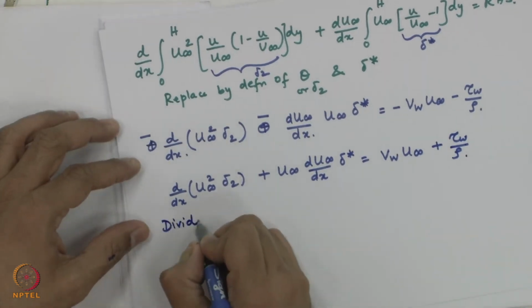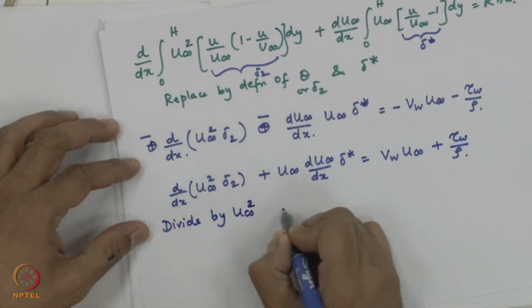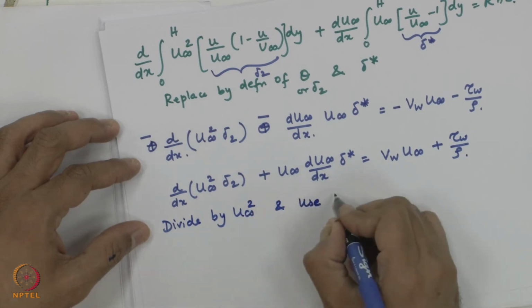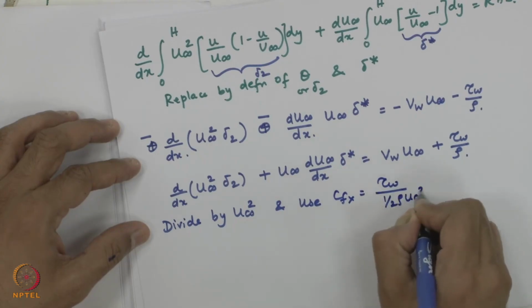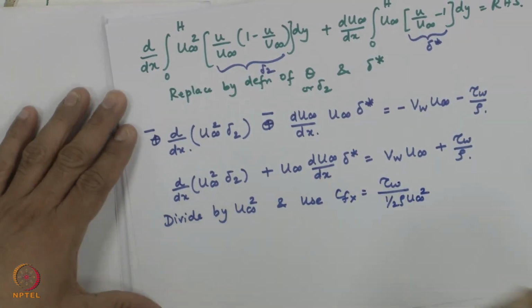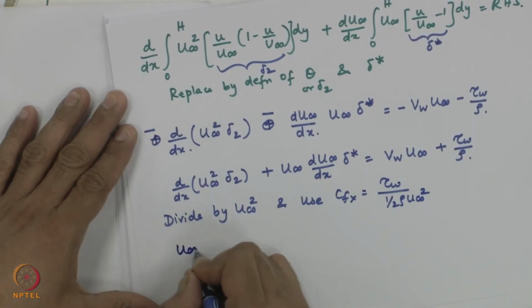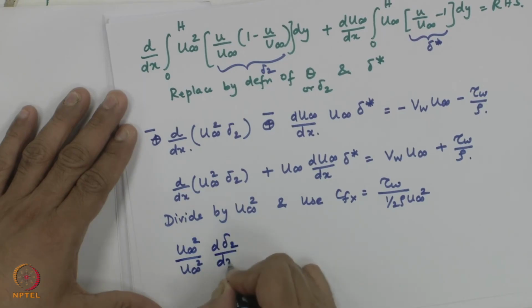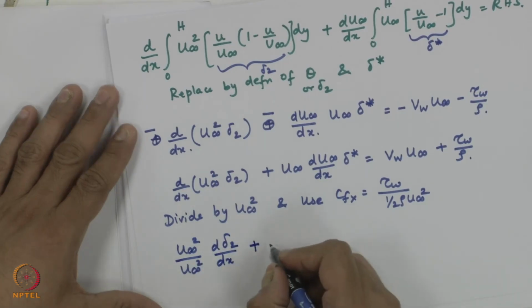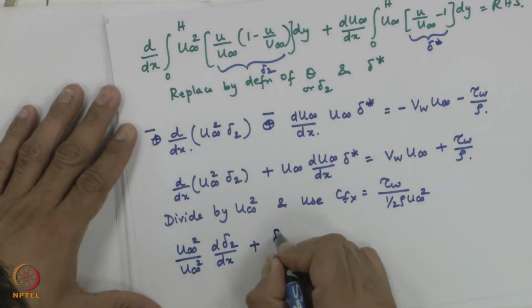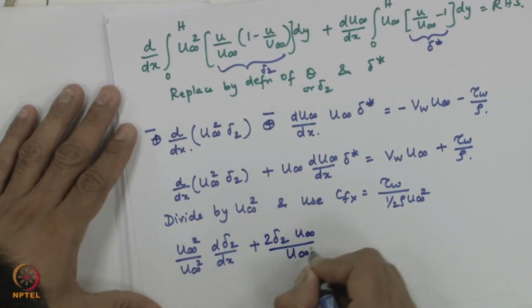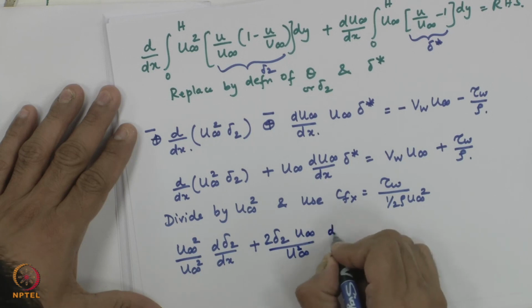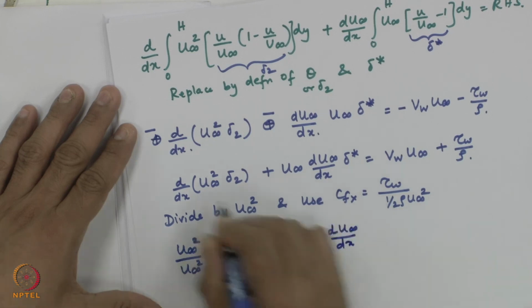Divide through by u infinity squared and use Cfx is equal to tau wall by 1/2 rho u infinity squared. If I do this, I would get u infinity squared by u infinity squared d delta 2 by dx plus, delta 2 comes out, 2 times u infinity by u infinity squared du infinity by dx, product rule.